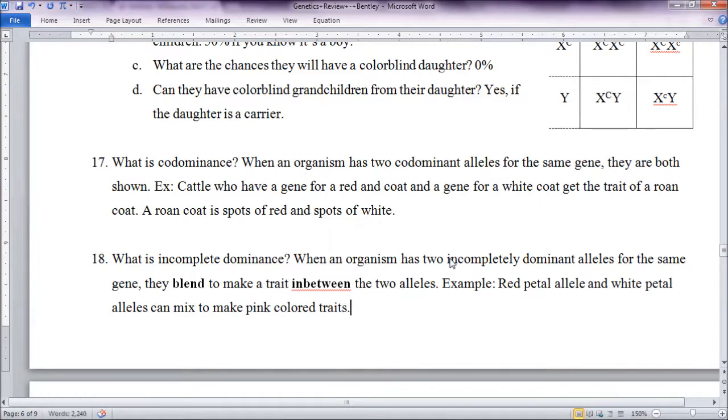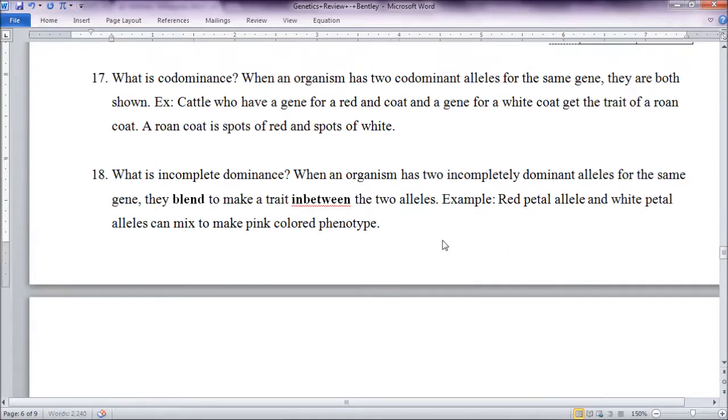So notice I didn't say pink colored alleles because there never is one. It is simply, if you have both red and white, what it looks like, so the phenotype, maybe I could change traits to phenotype. The phenotype is pink. Overall, it looks pink.